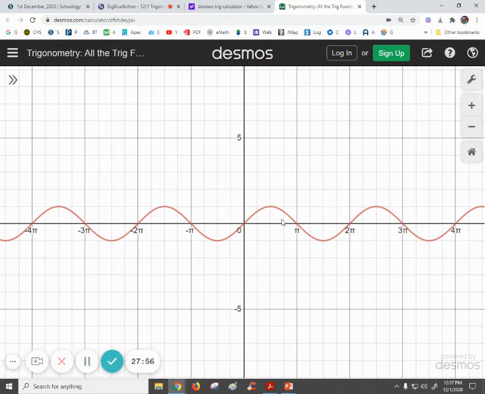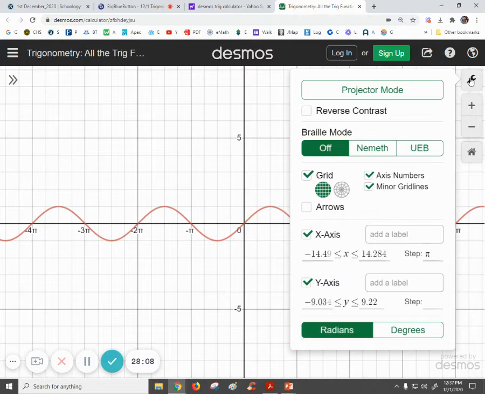So friends, on the right side, at the top right, you see there is a graph settings. You click on that, and make sure that you are clicking on degrees, not radians. Please see that at the bottom, degrees.